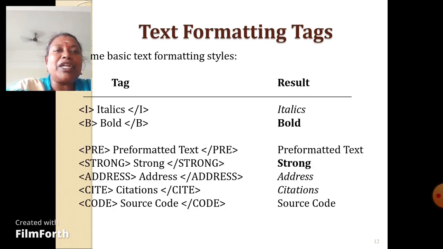Another is applying multiple formatting tags to create styles in web pages. The tag names are i, b, pre, strong, address, cite and code. These are variations of text formatting for creating a page in the editor. So first, i is italic, that means to display the text stylized.